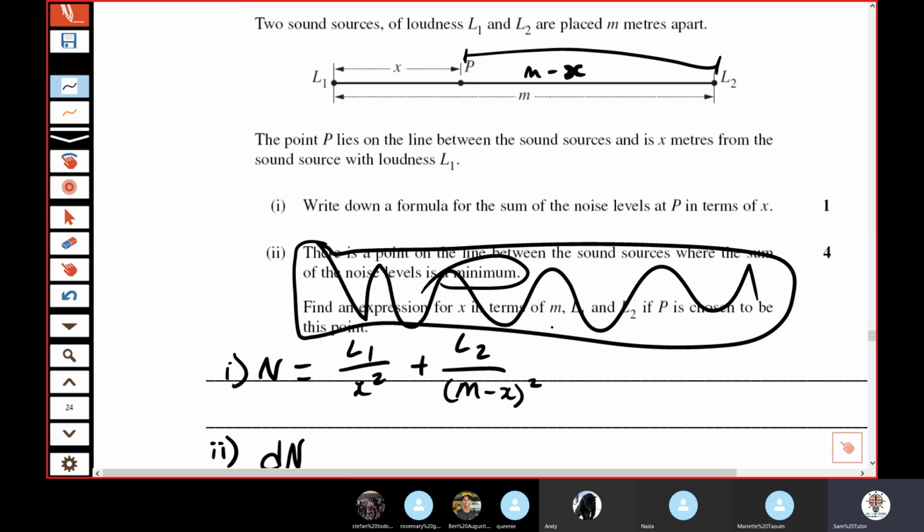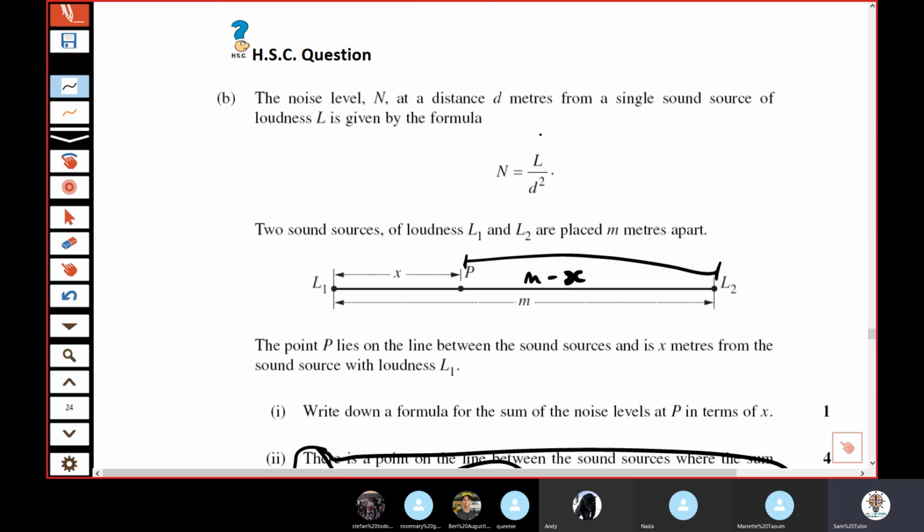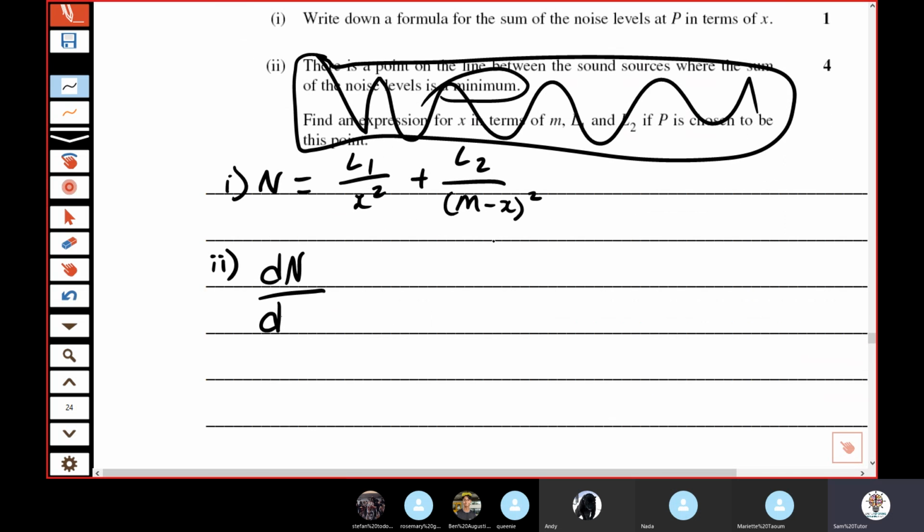X changes according to where P is. True? If you don't agree, yeah. The point P lies on the line between the sound sources and X meters away from the sound source. So we don't know how far the X can move. But the others are all constants. So dN on dx must equal 0.